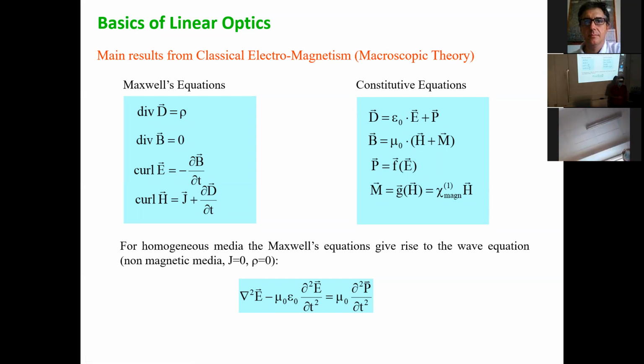As you see in the Maxwell equations, you have four fields: the electric field E, the electric displacement D, the magnetic field H, and the magnetic induction B. Okay?